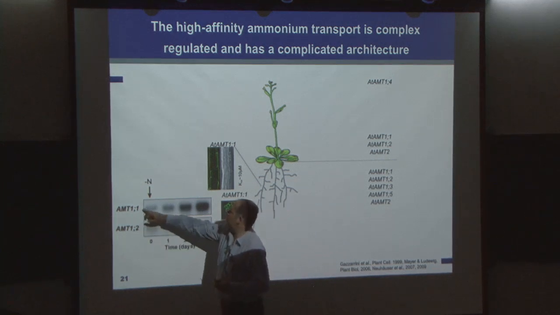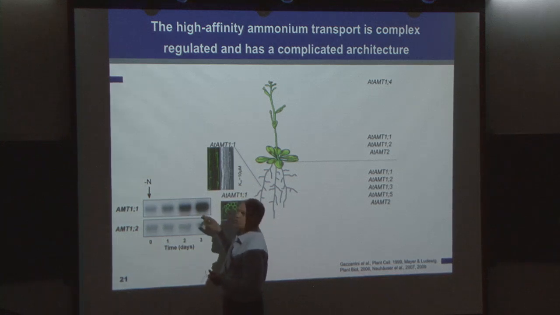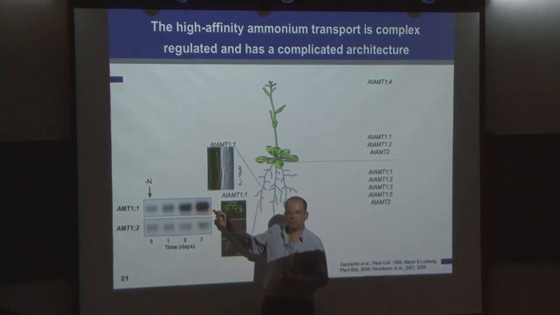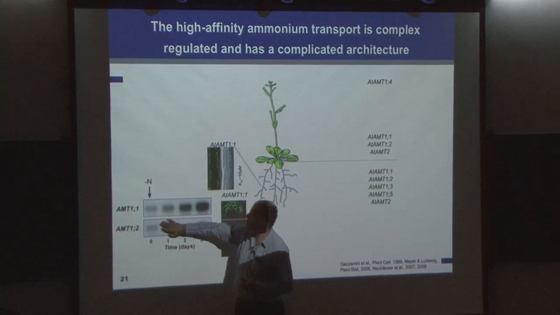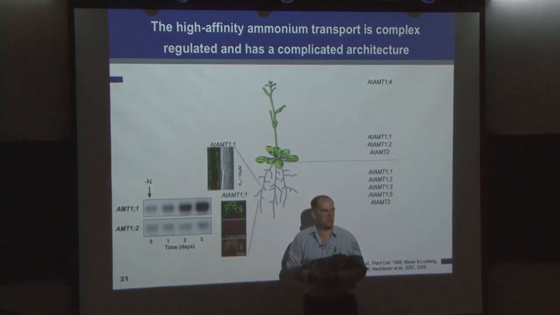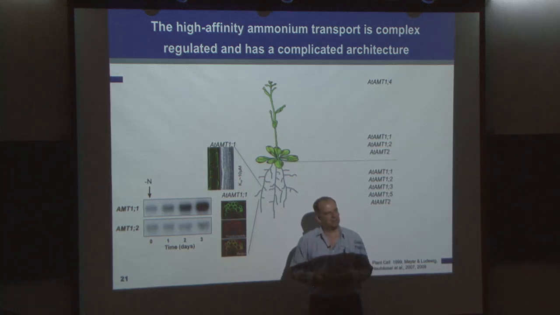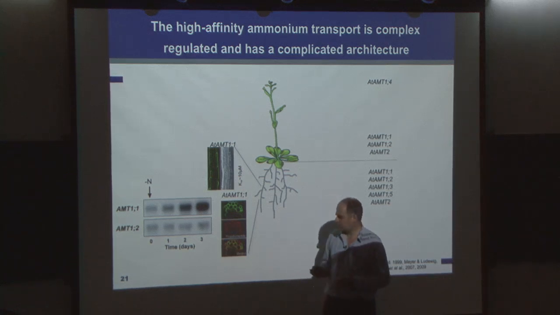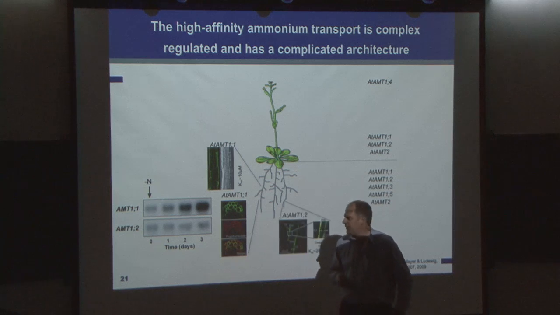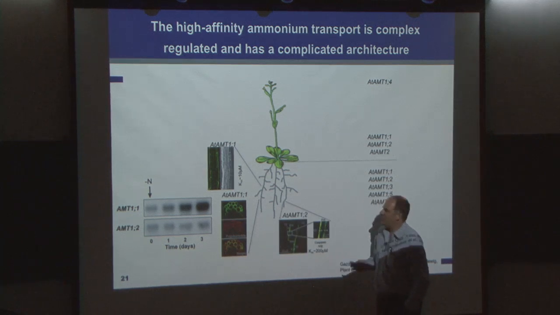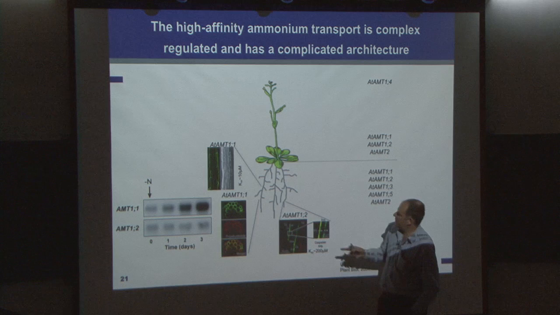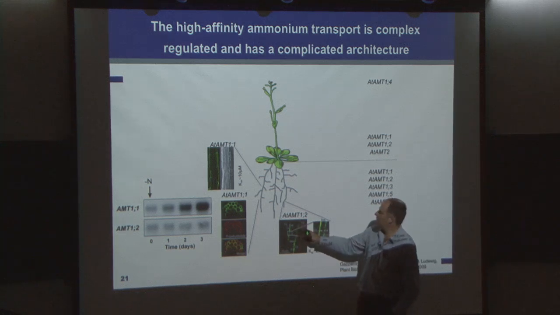AMT1,2, this is the gene expression that is also found for AMT1,3, very similar. AMT1,2 responds a little bit differently, not so much, maybe a little bit later, it gets also expressed. And the reason is that AMT1,2 is expressed in different types of cells, at least in the root tip.